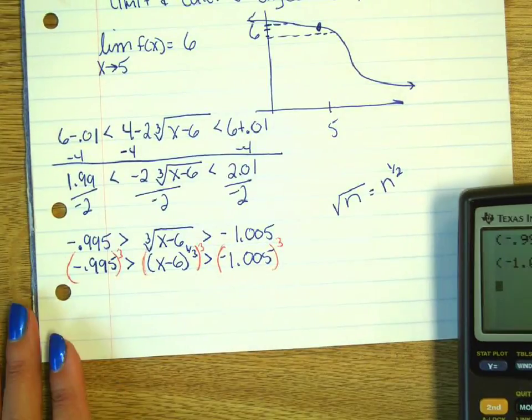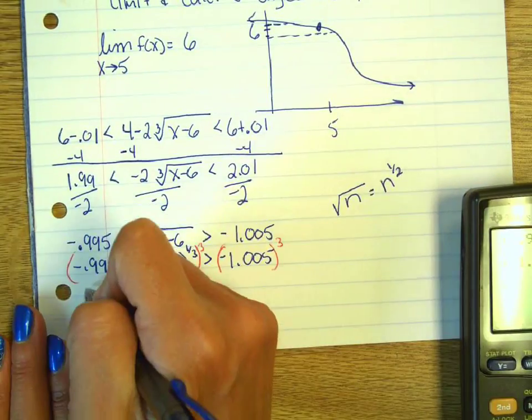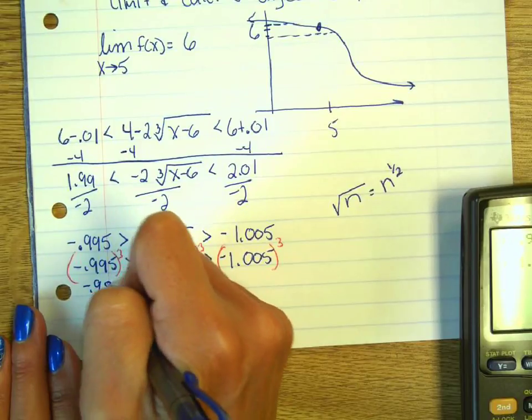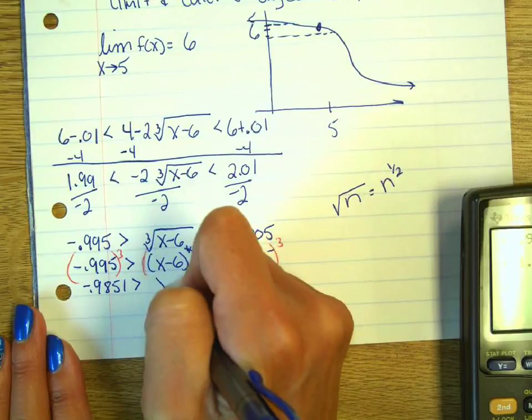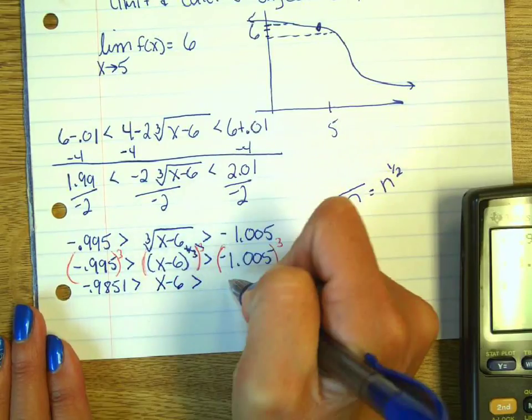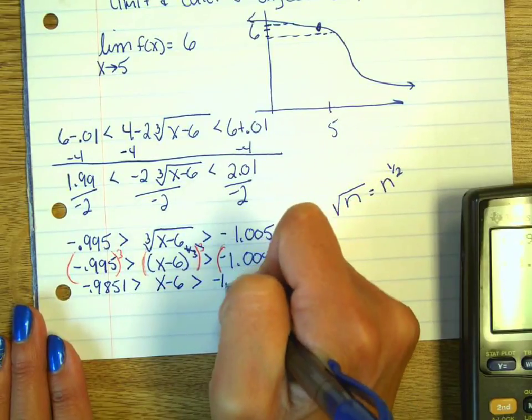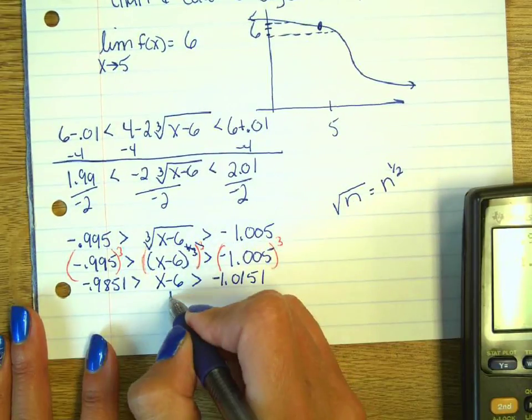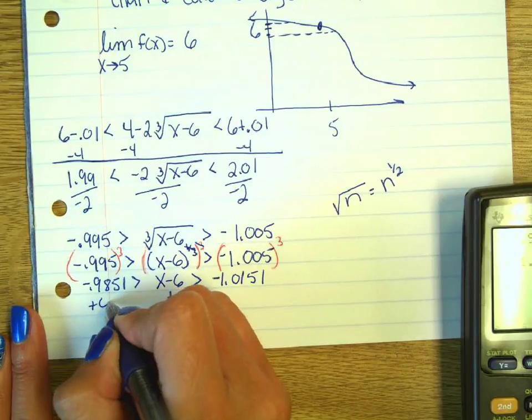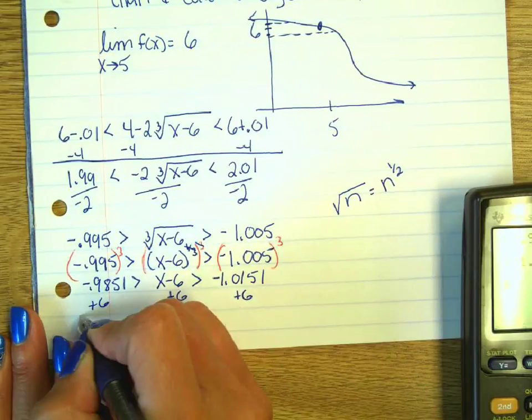So I'm going to carry out about 4 decimal places. Negative 0.9851. That cancels. I get x minus 6. Negative 1.0151. Add 6 to both sides, or to all 3 parts, I should say.